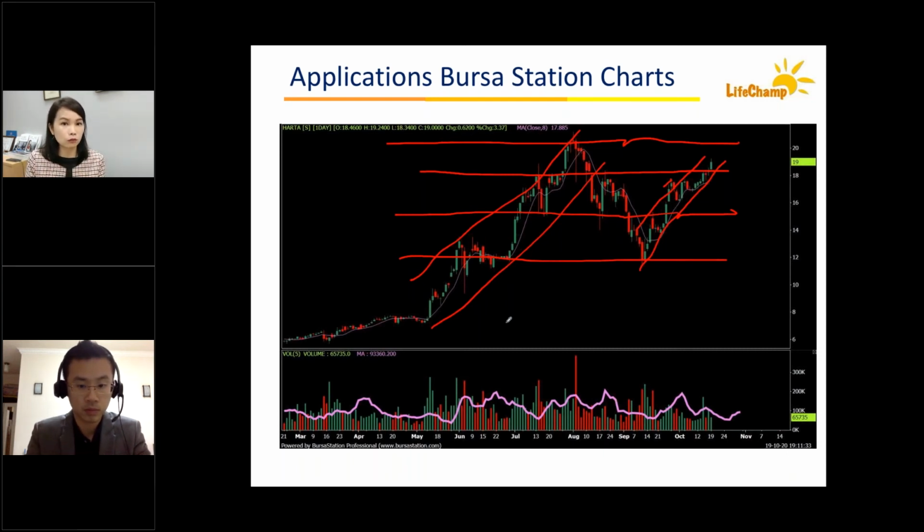Because when you retrace too much, the psychology behind it is turning bad. You have a bad vibe behind it. If it retraces 50% or more, the retracement tells you this chart is weakening.